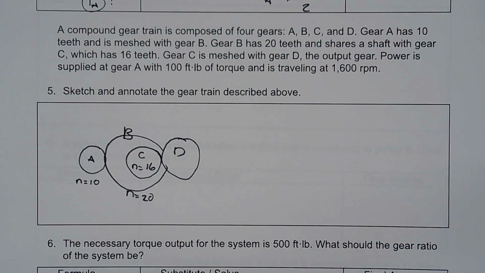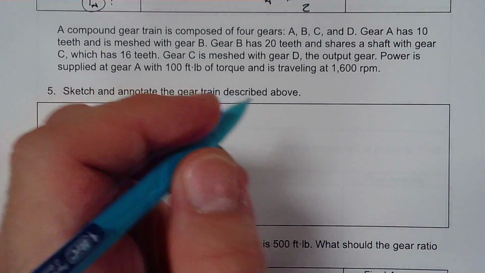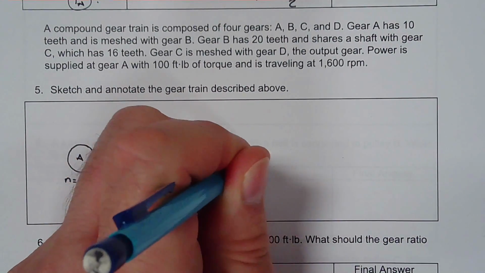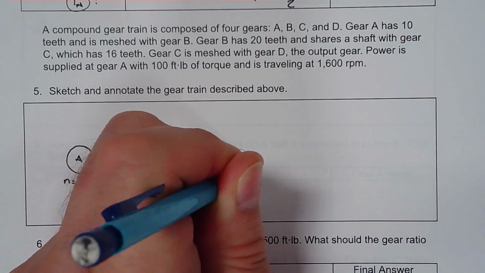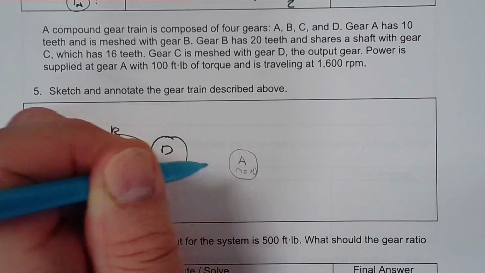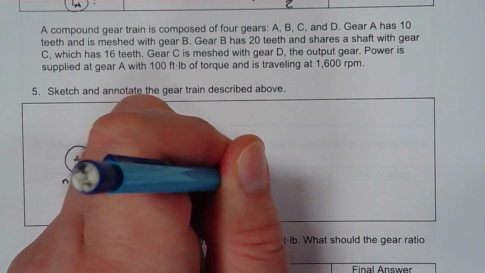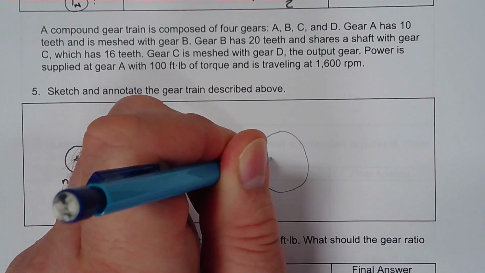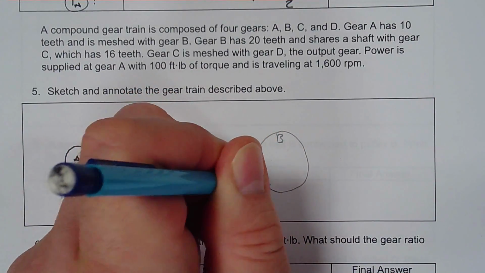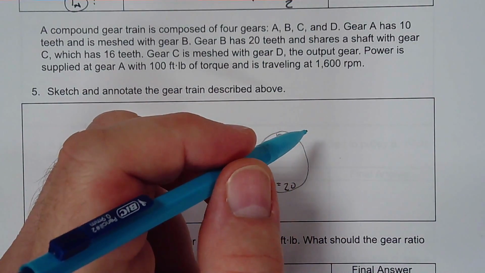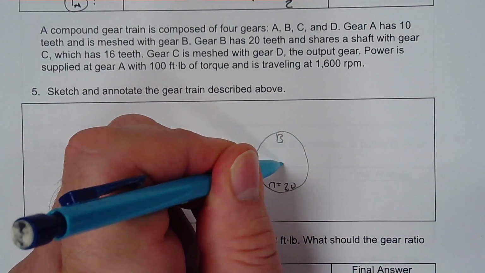Let's do that again where it's not quite so confusing, because I think I probably confused you a bit. Gear A has 10 teeth, so I'm going to draw one, N equals 10, and this is gear A. It's meshed with gear B that has 20 teeth, so it's going to be about twice the size. Here's B, N equals 20. It shares a shaft with gear C, so it's got to have the same center point.